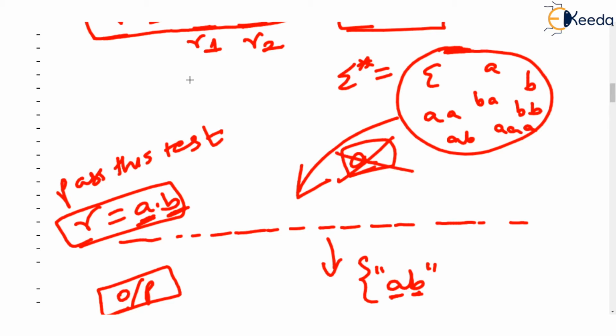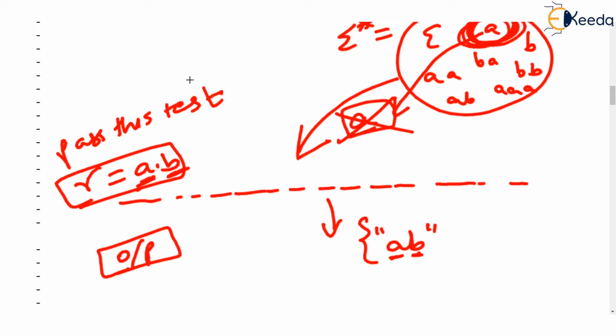Notice that A will not pass. This is the string I am encircling over here. You see in this set, this A will not pass the test because although A is present, B is not present. Check it again. I have R is equal to A dot B. So suppose I give a string something like this, ABB. This is also a string in sigma star.